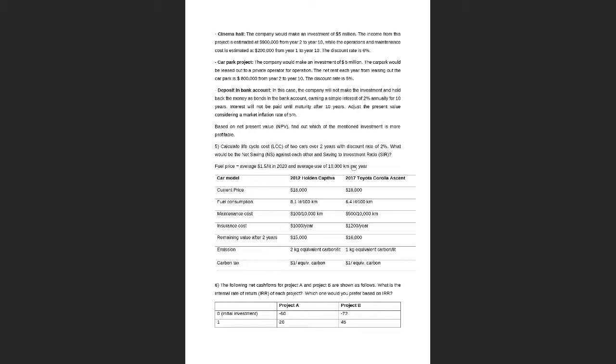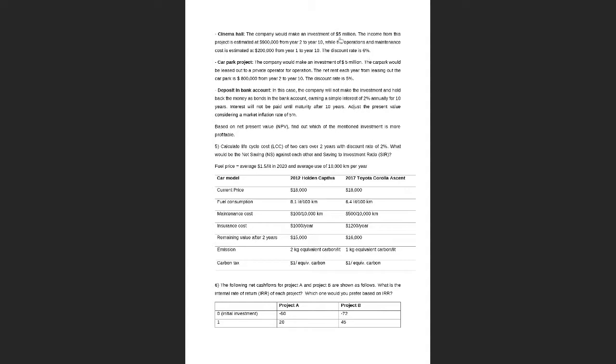So first, can you tell me what will be the interest earned after 10 years? Do you guys know the formula of simple interest? So it's the principal amount into the time duration into the simple interest rate.